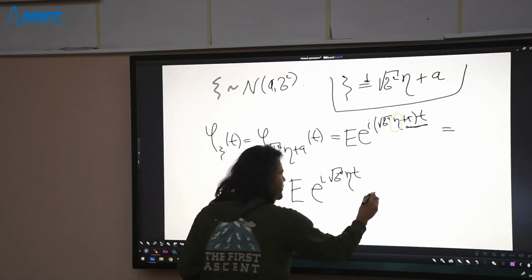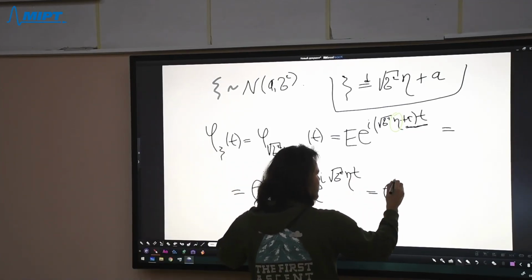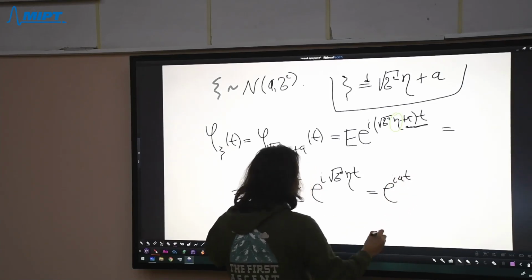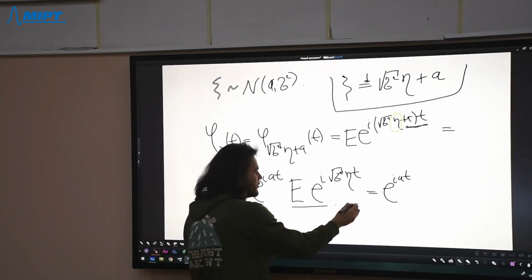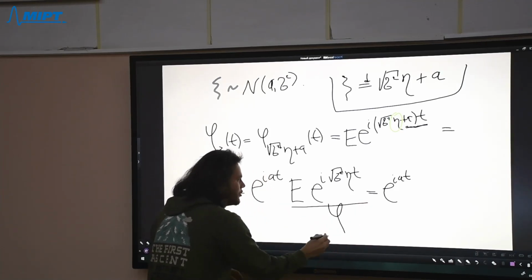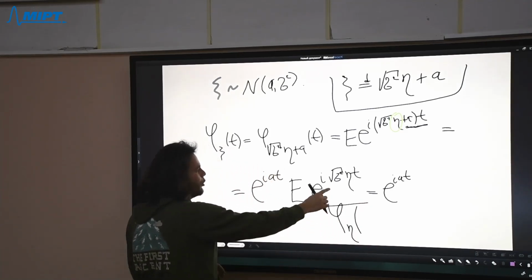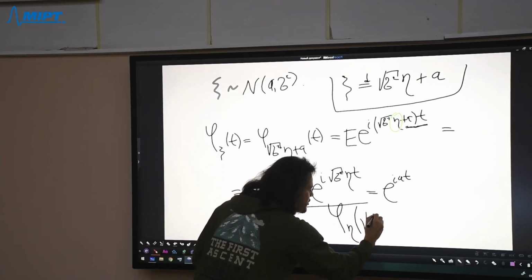So we have e to the I a t, and the expected value of this is the characteristic function of eta at the point square root of sigma square t.